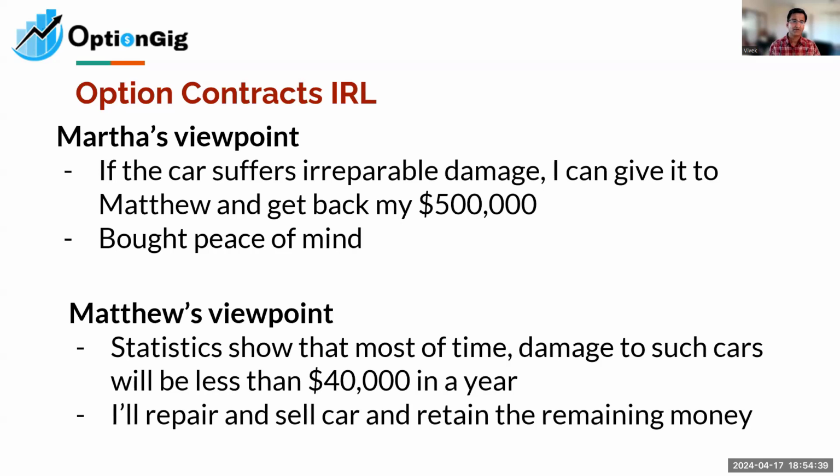I got a premium of $40,000 from Martha. Anything happens, I'll get it repaired, and I'll retain some amount of that $40,000 because statistically, the damage is less than the premium I have received. So that's why Matthew is willing to write that insurance policy.